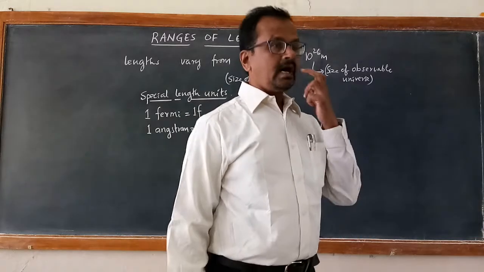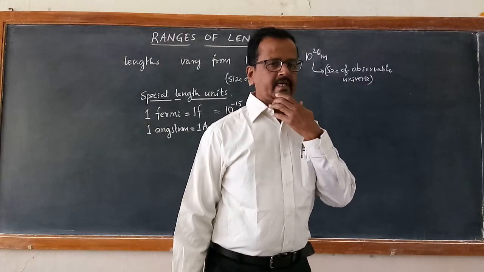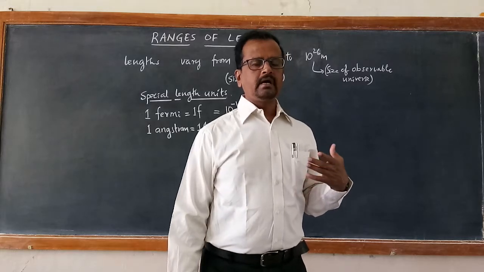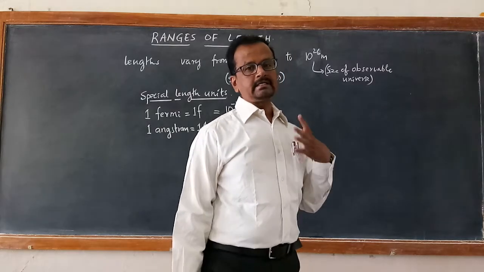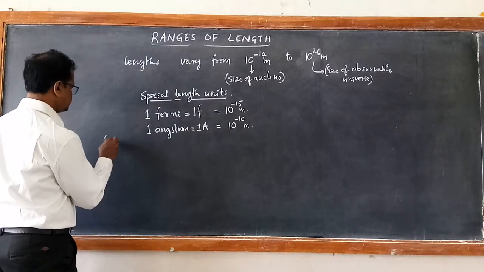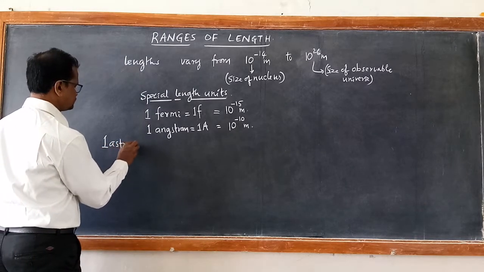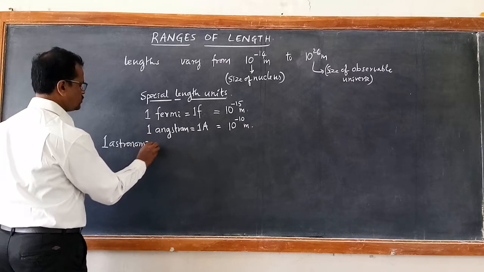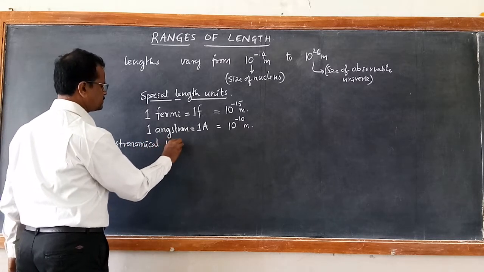The average distance between the Earth and Sun is called an astronomical unit.